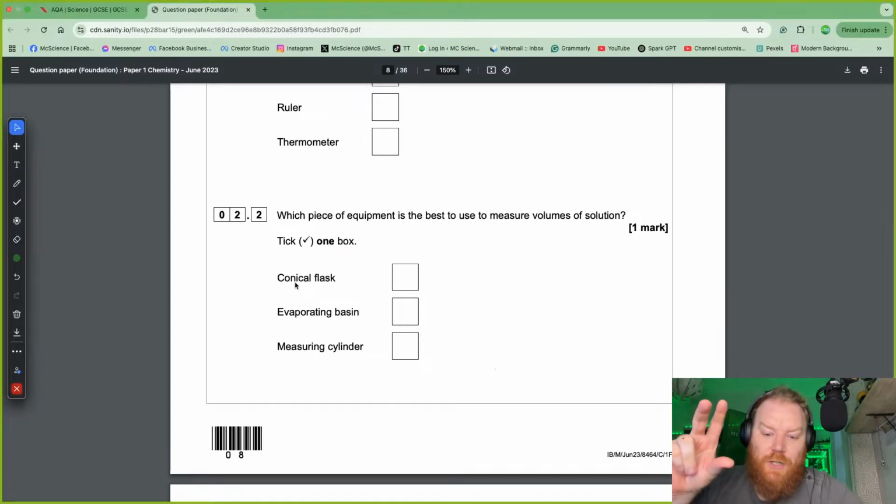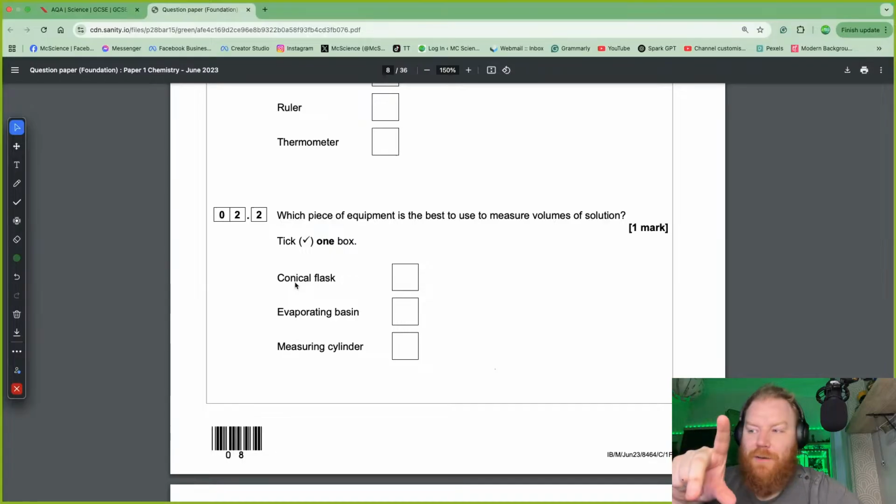But if you notice on the side of the beaker or the conical flask, it actually states approx. And it's because we don't actually design them to be perfect. It's because we want people to be using the measuring cylinder. So measuring cylinders are always what we would use to measure a volume.